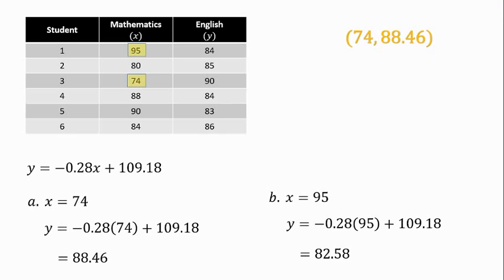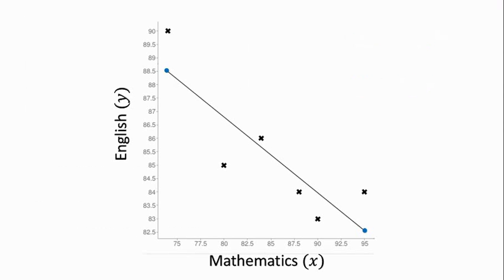When x equals 95, y equals 82.58, and we have this other point. We plot these 2 points on the same scatter plot and connect them to show the graph of the line of best fit, which is y equals negative 0.28x plus 109.18.